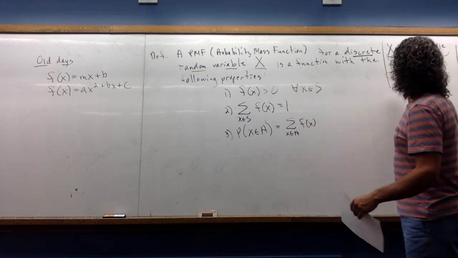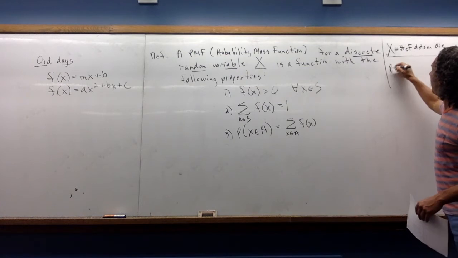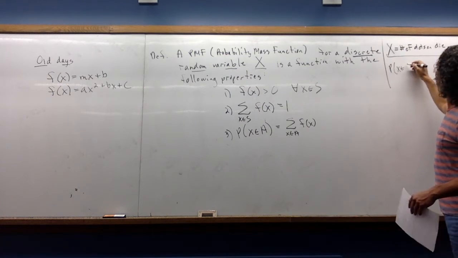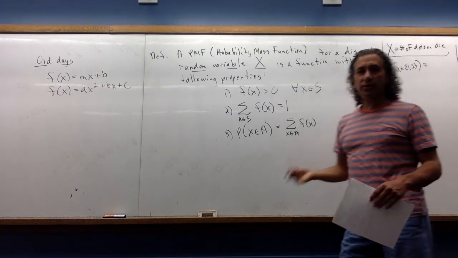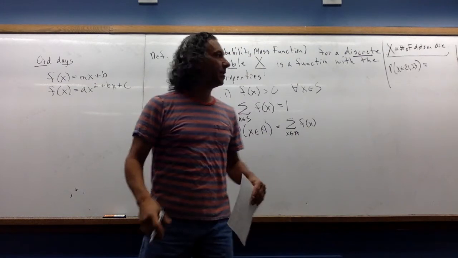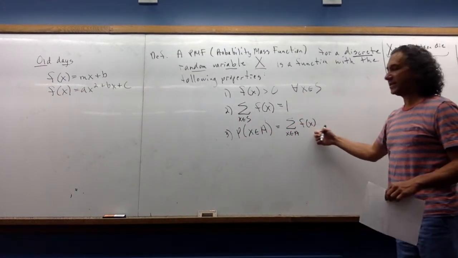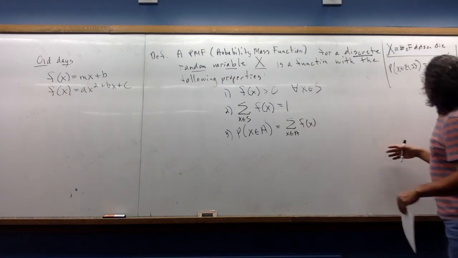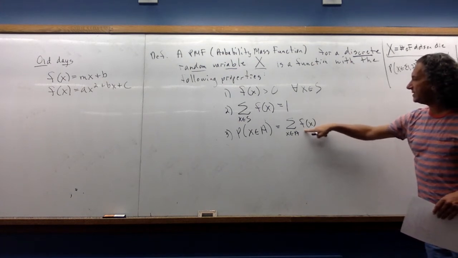So in the die example, if I want to know the probability that x is contained in the subset 1 or 2, this is saying I can just add up my f of x to get that.